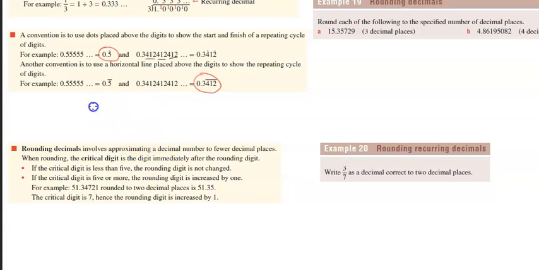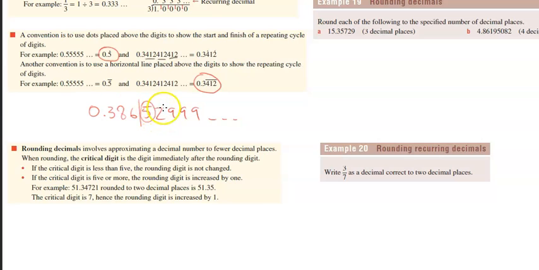If we had a number that is 0.386529999, etc., and we want to round to 3 decimal places, the critical digit will be the number after the third decimal place. So this is the first, second, third. Our critical digit is the one immediately after the third, which is the fourth.